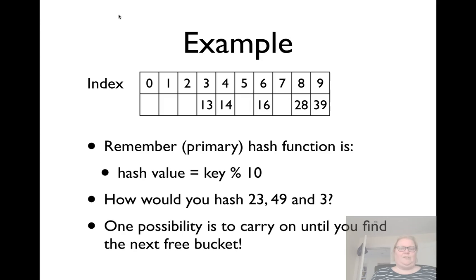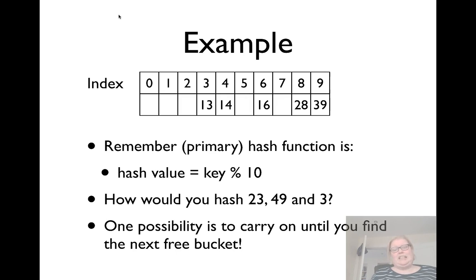So let's go back. 23, okay, we'd do 23 modulus 10, and find out that is 3. That goes into index 3, that's full, we can't use it. So we go across to 4, the next index, it's full, we can't use it.